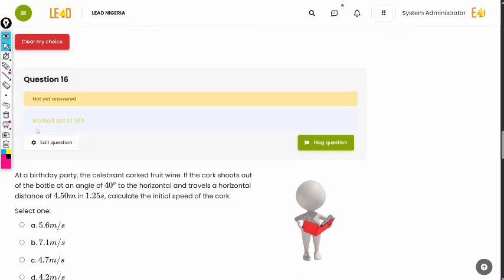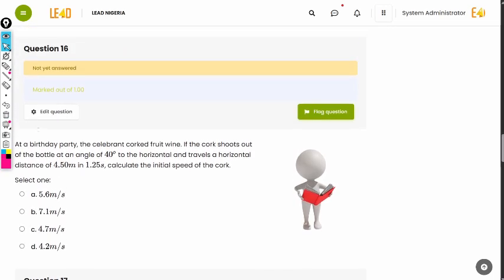That's for question 15. Question 16 says, at a birthday party, the celebrant cocked fruit wine. If the cork shoots out of the bottle at an angle of 40 degrees to the horizontal and travels a horizontal distance of 4.5 meters in 1.25 seconds, calculate the initial speed of the cork.